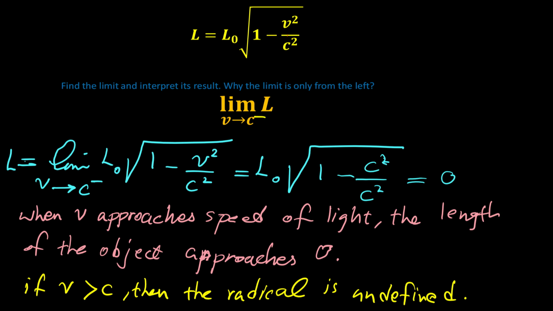The speed is always less than the speed of light for any object, because we consider the speed of light as infinity, and so no object can reach or pass the speed of light. But this is from a physics perspective. Here in math we say it is because the expression would be undefined if the velocity approaches c from the right.